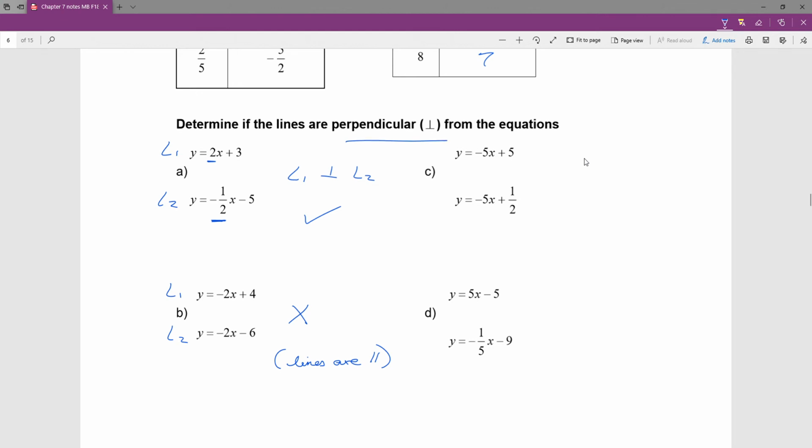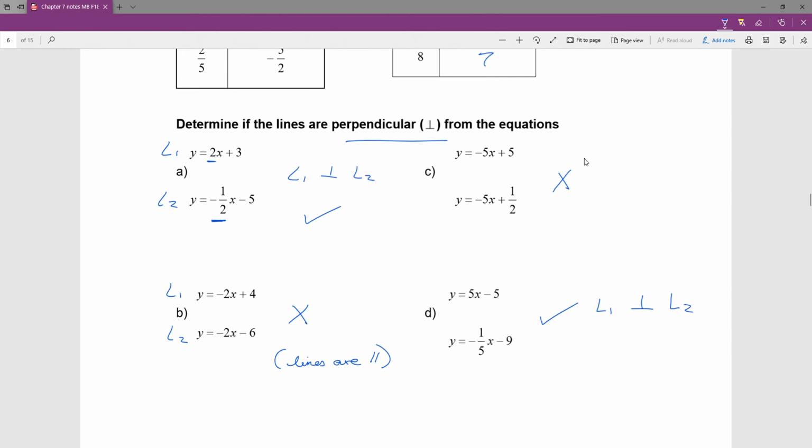C, if I take a look at that one, they're not upside down opposites. They are not perpendicular to each other. Again, they're actually parallel to each other. And D, if I take a look at this one, that's good. Line 1 would be perpendicular to line 2.